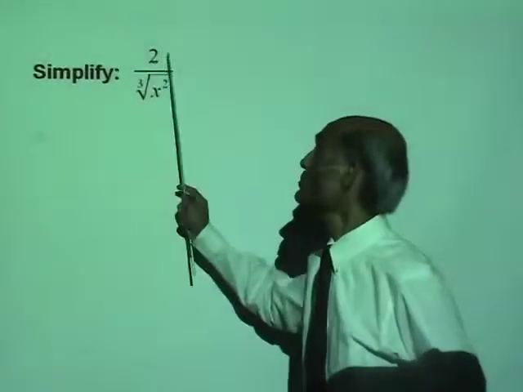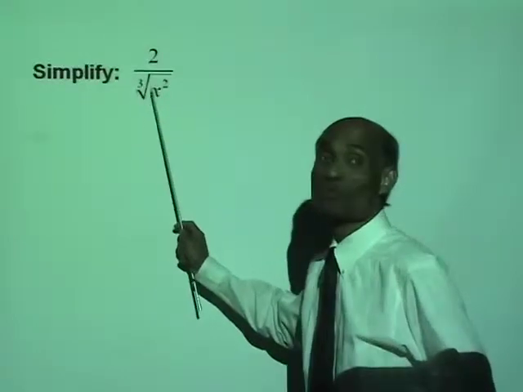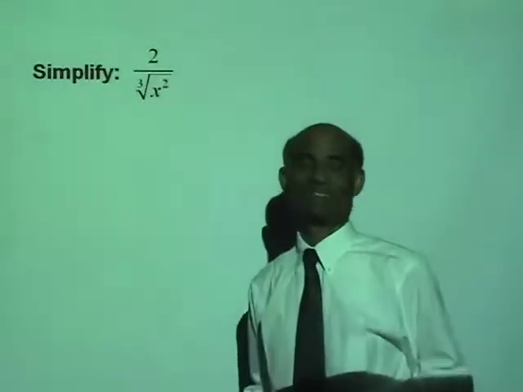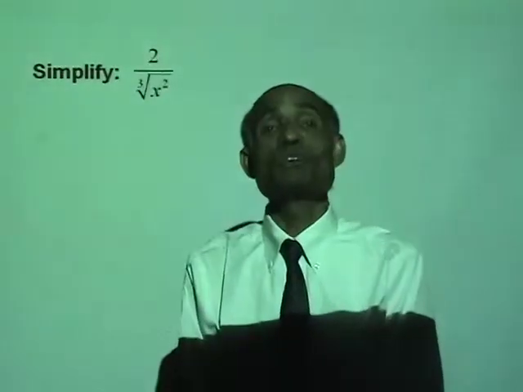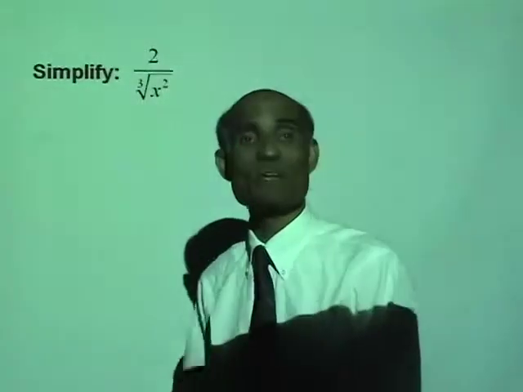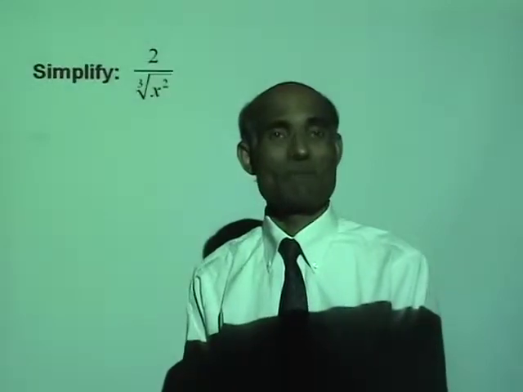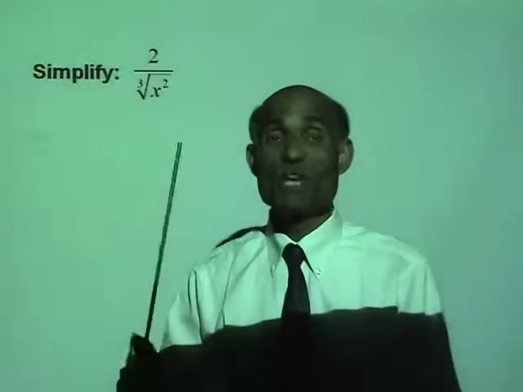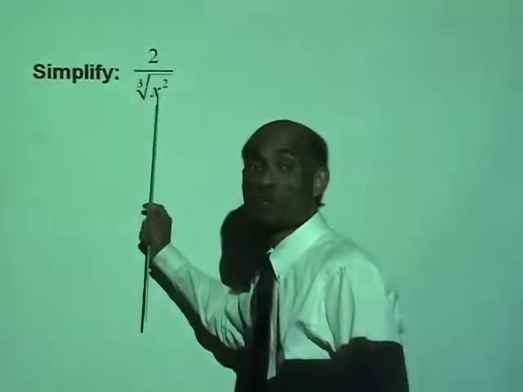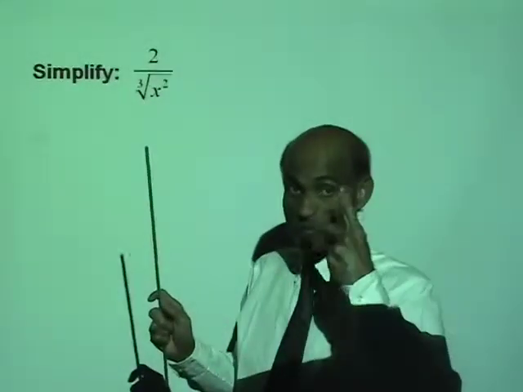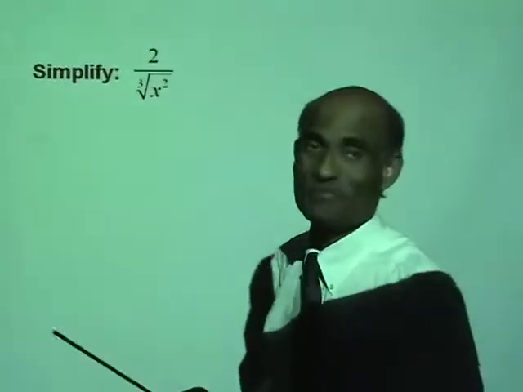Simplify 2 divided by cube root x squared. Again, we have a cube root quantity. What do we do to remove the radical sign from the denominator? Multiply the denominator and numerator by this cube root quantity how many times? Twice.